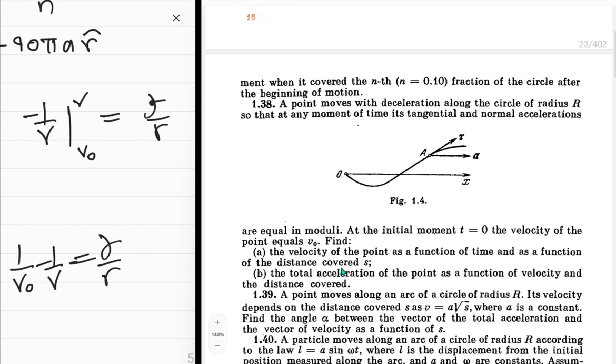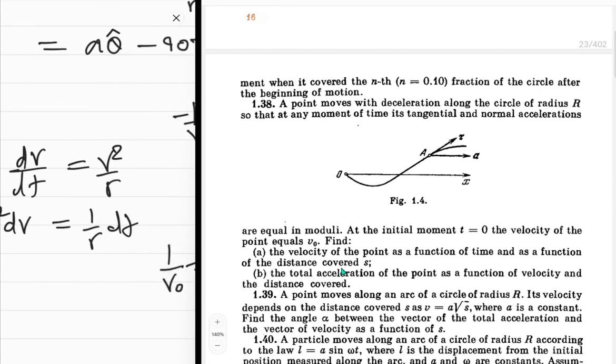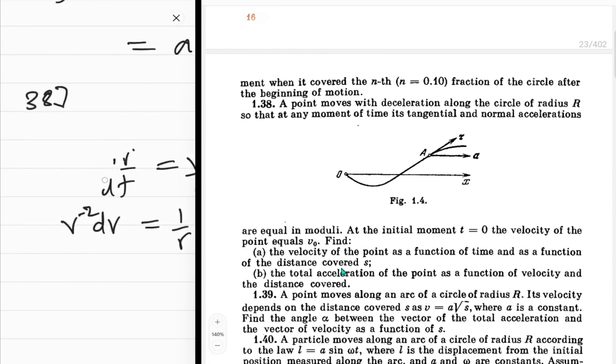But why not write it like this? Instead of dv upon dt, I will write v dv upon ds. Of course you can write it like that, because ds upon dt is v, and from there it follows.